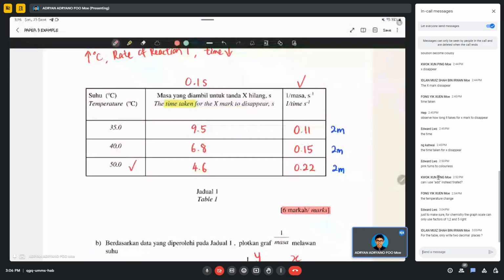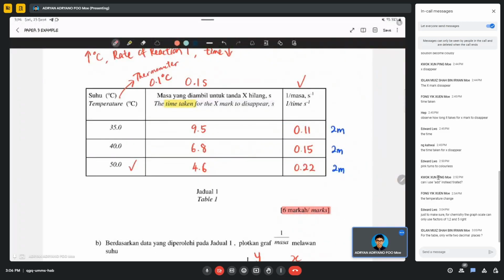So you must base on your measuring apparatus. As I mentioned just now, remember data is dangerous, it must be based on your measuring apparatus. Like temperature, why still 1 decimal place? Because we still use thermometer. What is the smallest interval of a thermometer? 0.1 degree Celsius. So you must follow your measuring apparatus. If you put 2 decimal place as you like, you will get 0 mark. You will only get 3 marks here, there are no marks here. Okay?